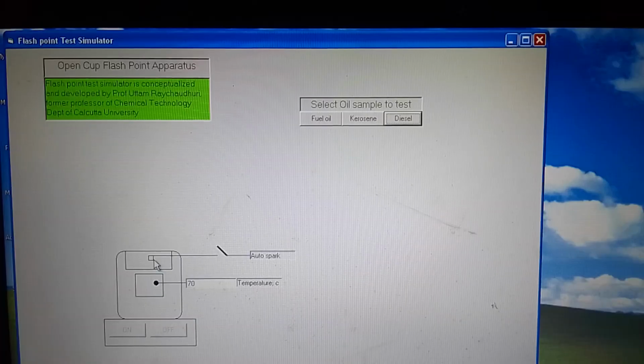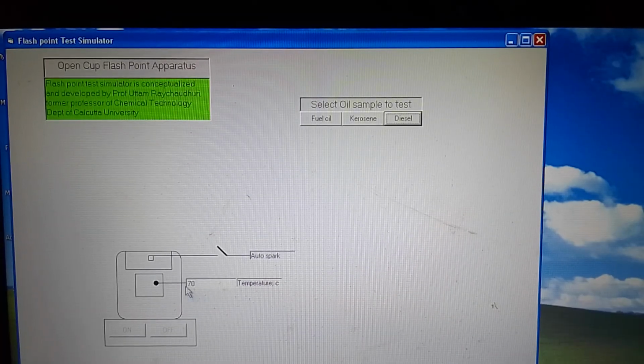So this minimum temperature at which the first flash is obtained is called the flash point, and then after some time you will find that the flash becomes a continuous flame, and then it is called the flame point corresponding to this temperature.